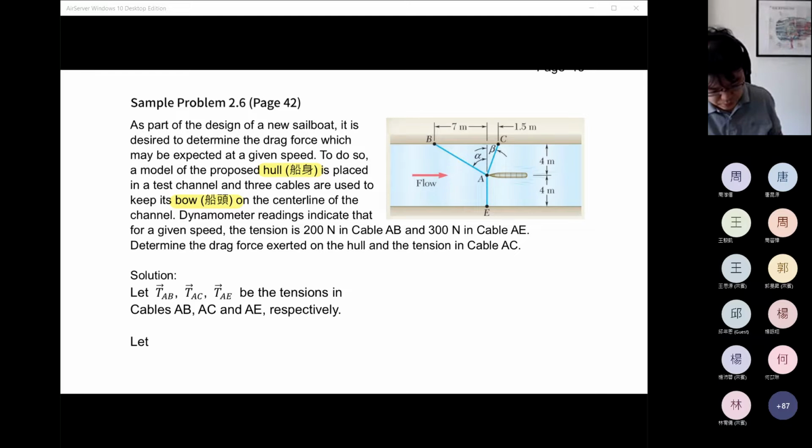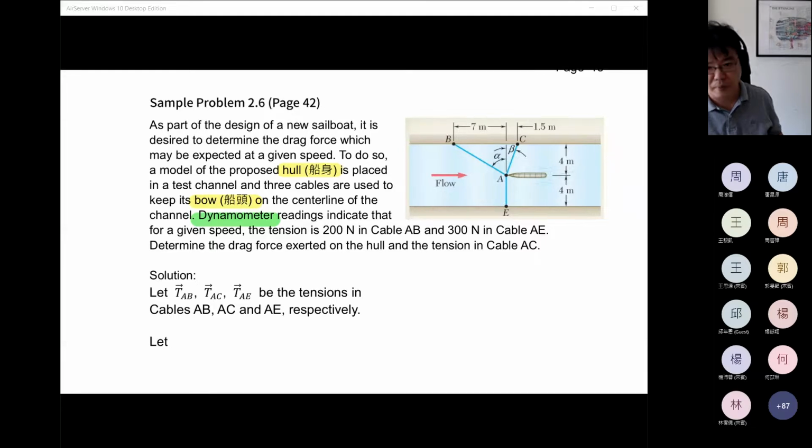I'll explain this. Good. Are there others? Nope. Okay. Good. So drag force. Good.